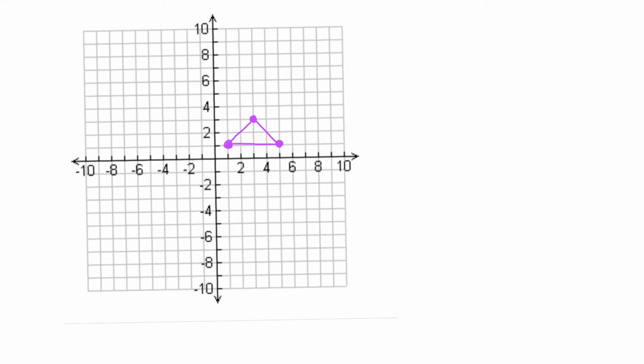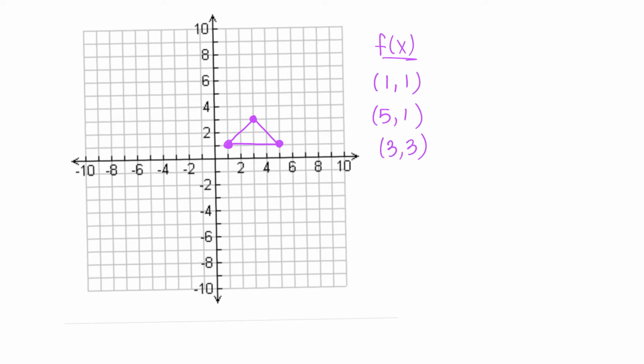This is my f of x, and it's got coordinates 1, 1, and 5, 1, and 3, 3. So here are my coordinates.